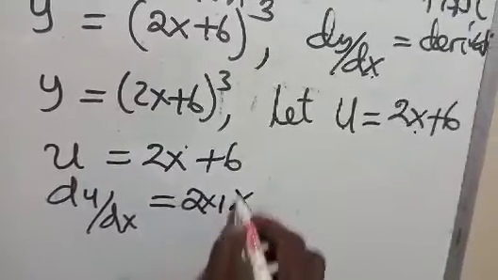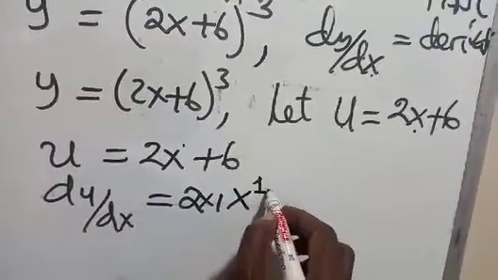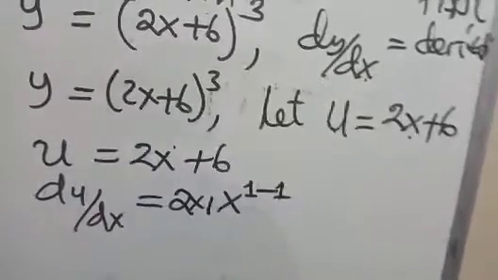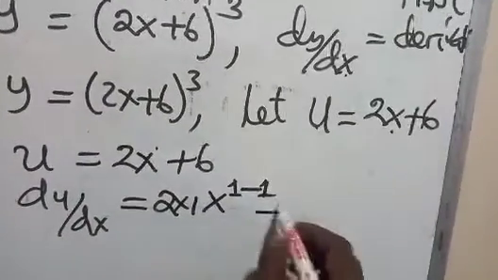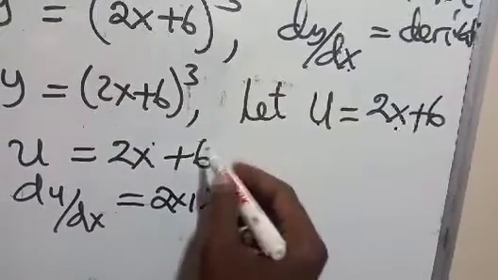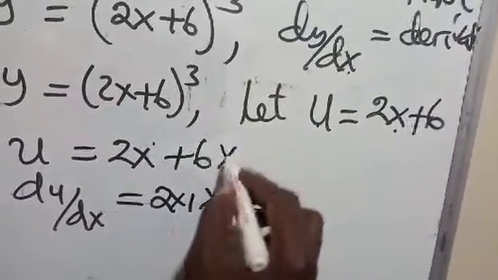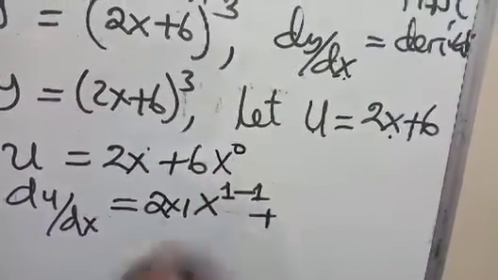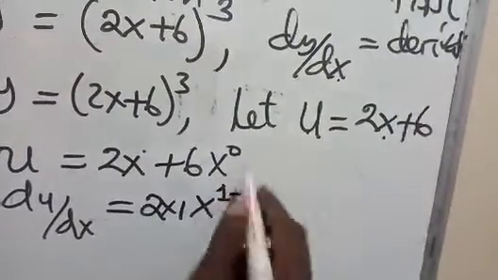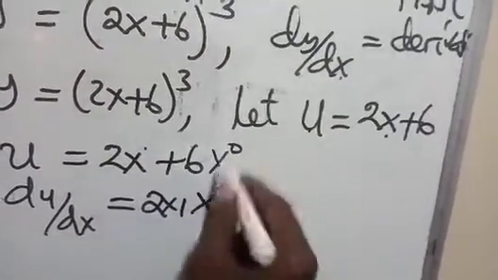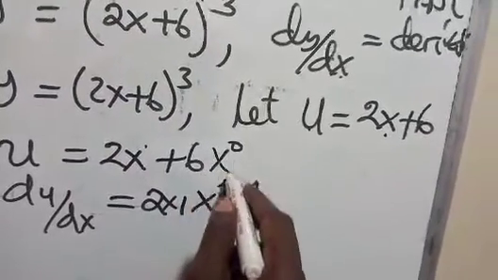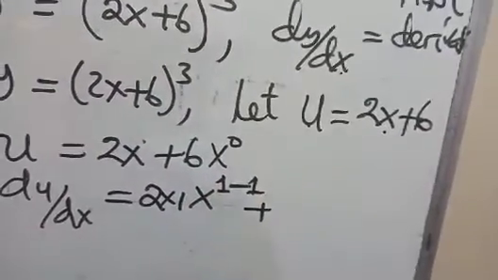Then that exponent, which is 1, must drop by 1. Then we plus 6, which is equal to 6x exponent 0, because any number or any letter with exponent 0 is always equal to 1. That's why here it is written 6x exponent 0.